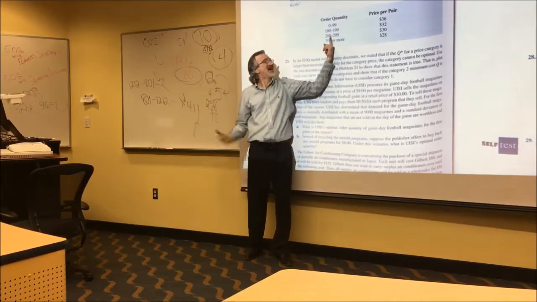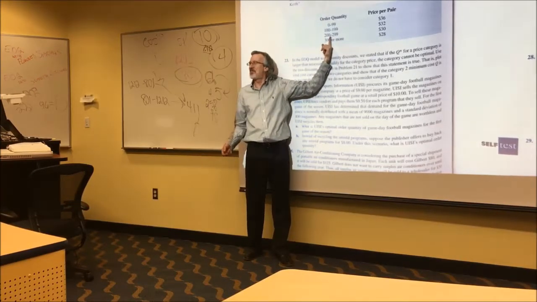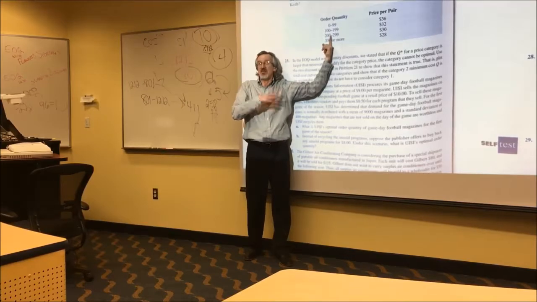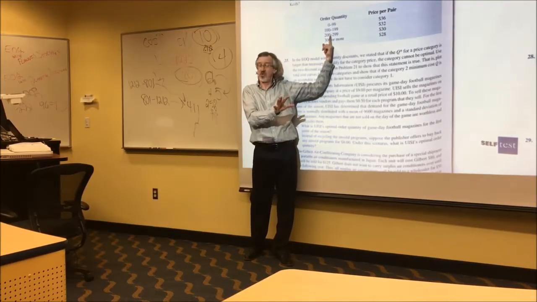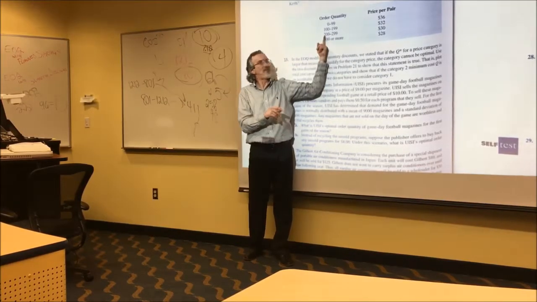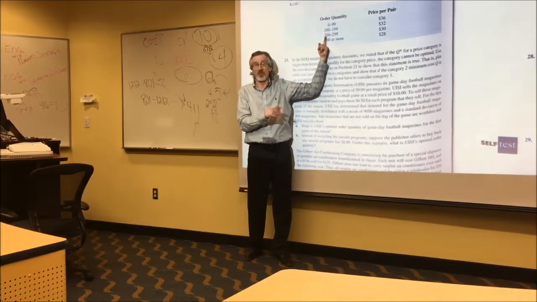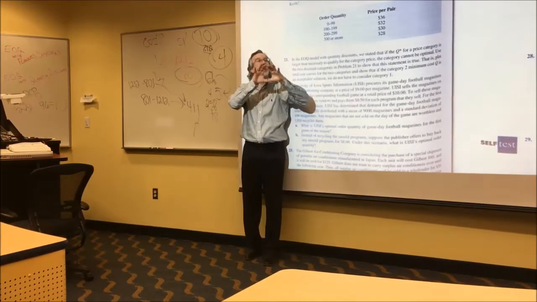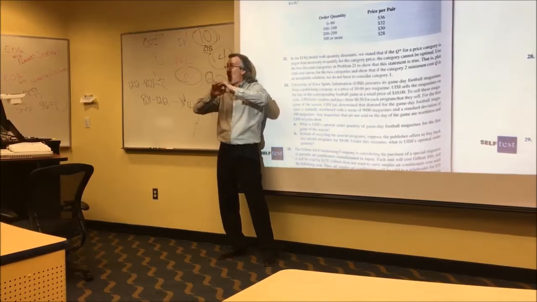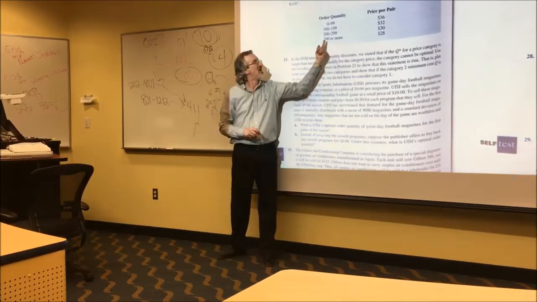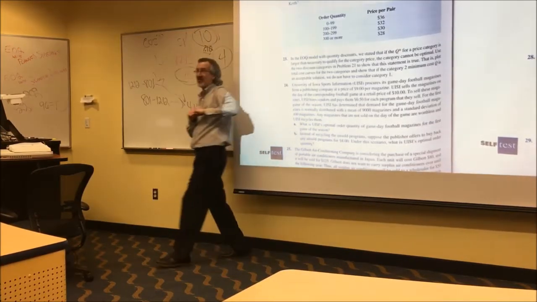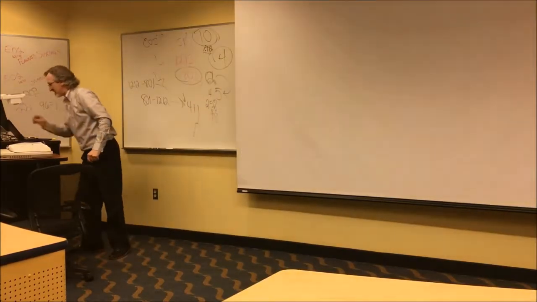Now for 30, again, 122 doesn't make sense. It's less than that. So we're going to leave our comfort zone of ordering 122, and we want to see what would happen if we take advantage of the big discount. You get them for $30. We're figuring out the total cost at Q of 200. Then we make Q 300. Does everybody get it? Okay, now that you get it, this is going to make sense.